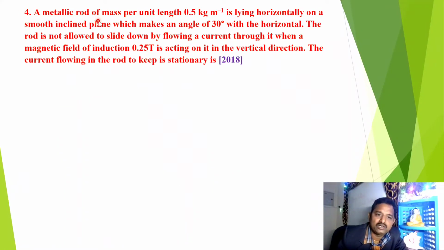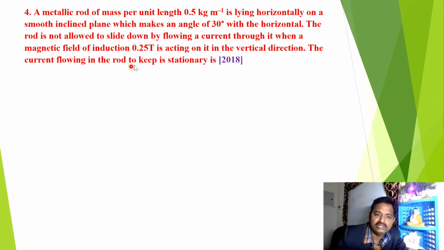A metallic rod of mass per unit length 0.5 kg m^-1 is lying horizontally on a smooth inclined plane which makes an angle of 30 degrees with the horizontal. The rod is not allowed to slide down by flowing a current through it when a magnetic field of induction 0.25 Tesla is acting on it in the vertical direction.